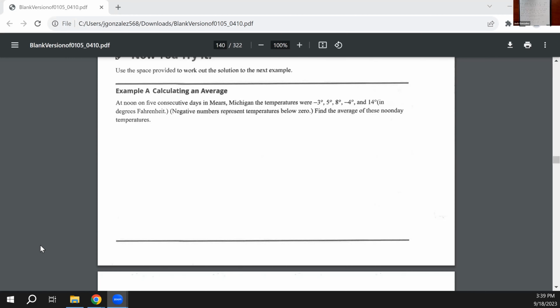You guys get 4? Any issues? Negative? Positive? You add them all up and then divide by 5. Is it always gonna be 5? However many elements you give us. 5 temperature measurements.